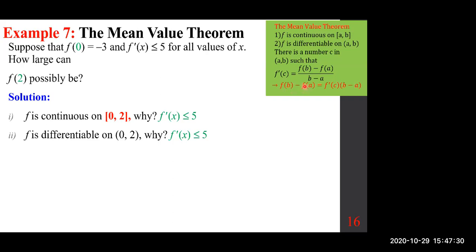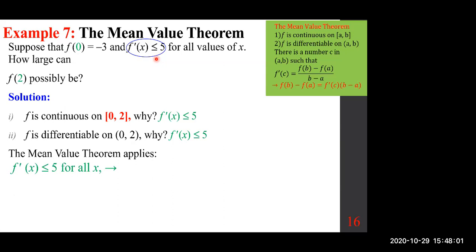Remember, you go from 0 to 2. So you have f of b, f of a, f prime of c times b minus a. So let's put it in that context, knowing that f prime is less than or equal to 5. That means f prime of any point, including c, is less than or equal to 5. The mean value theorem applies. We know f prime is less than or equal to 5. Therefore what?